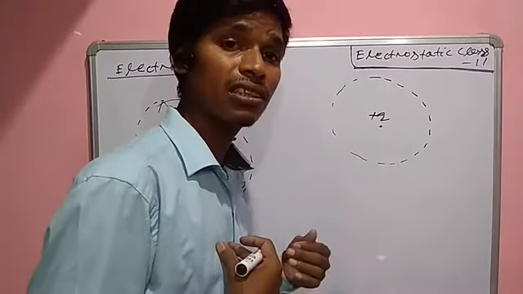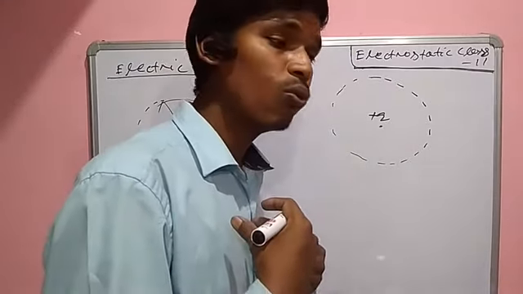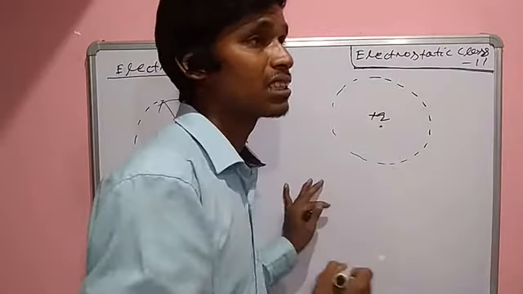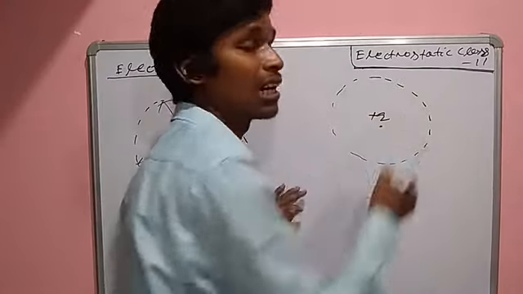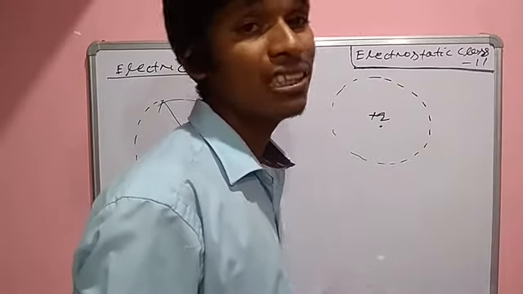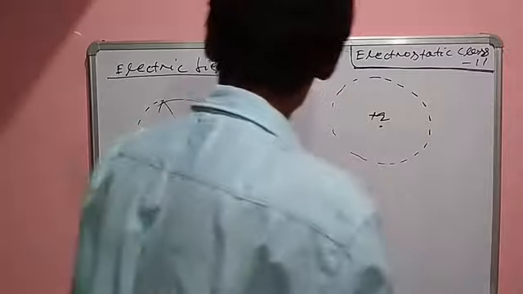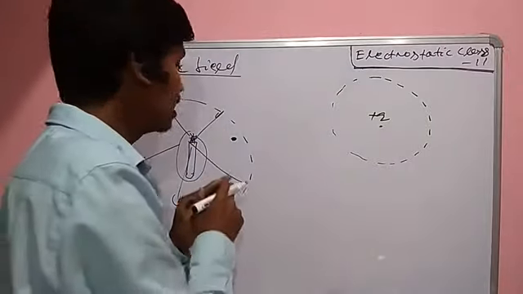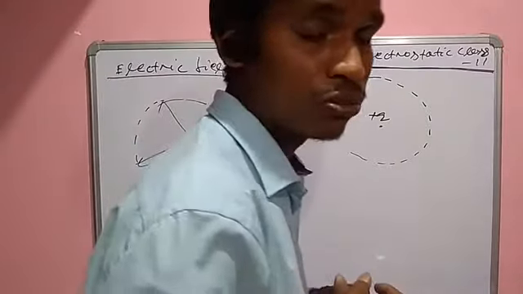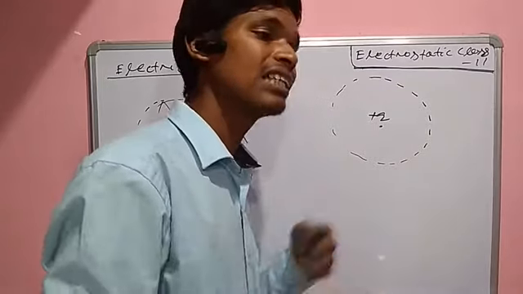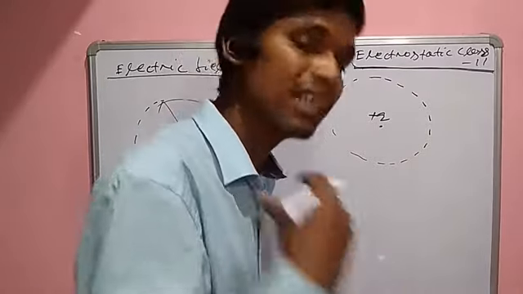That means we can see, but due to placing of charge, field is created. How to know? Field is not visible to the human eye, but light intensity is visible to the human eye. So that's why I can see the material or light intensity.